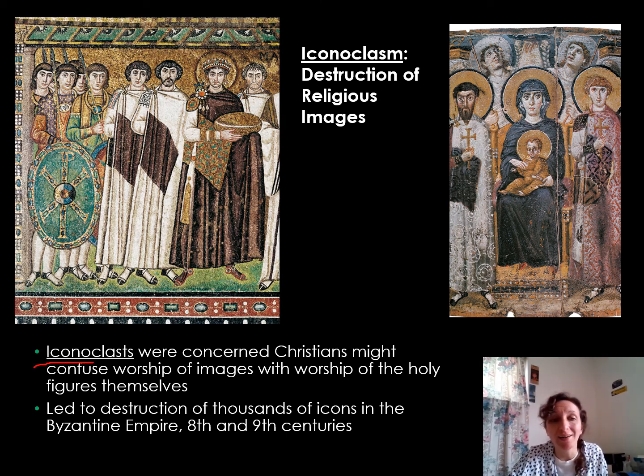And then this word iconoclast is if you believe in that. So if you are an iconoclast, if you say Christians are confusing these images and thus we need to destroy them. That's a term for a person, and an iconoclasm is an event, right? Just to clarify that.